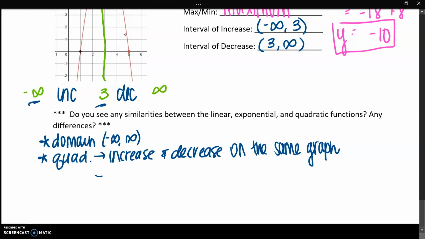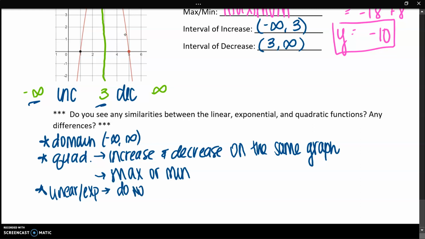Quadratic functions also have a maximum and a minimum, where linear and exponential do not have a max or min, and they only increase or only decrease.